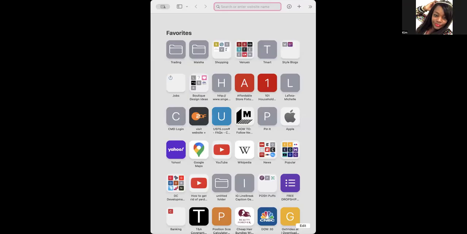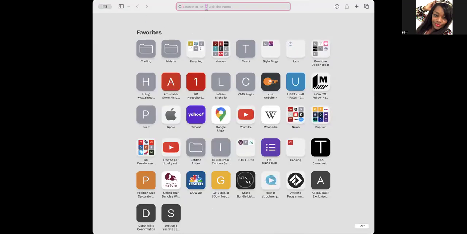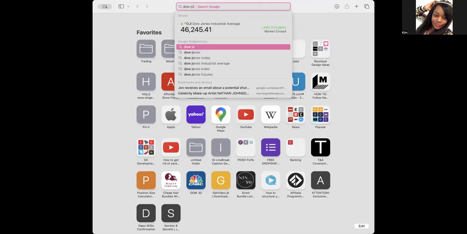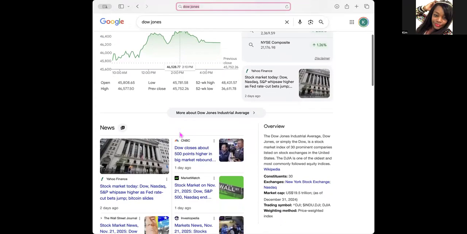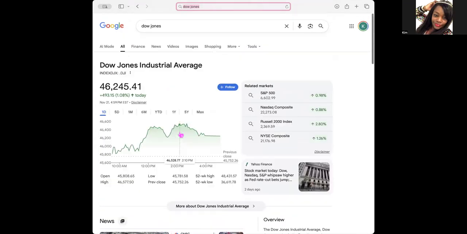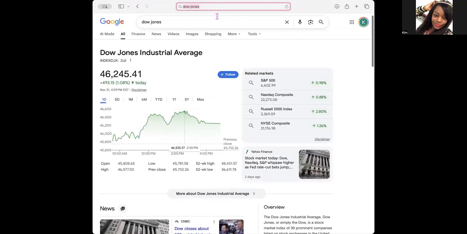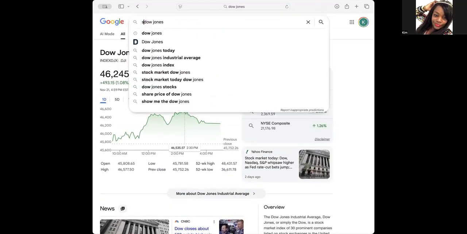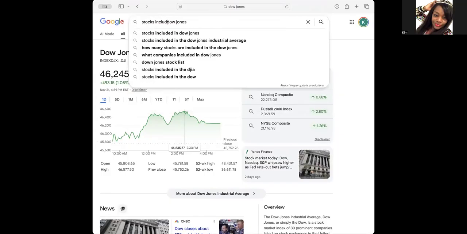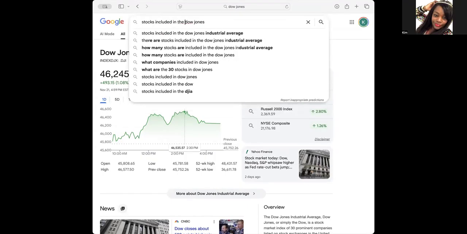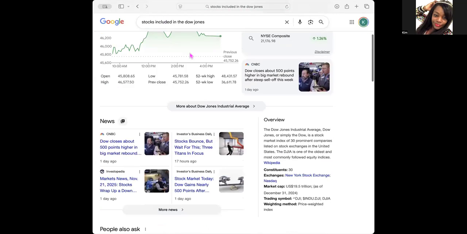So if we look up Dow Jones and why it's a stock index, you will see the stocks included in the Dow Jones index.